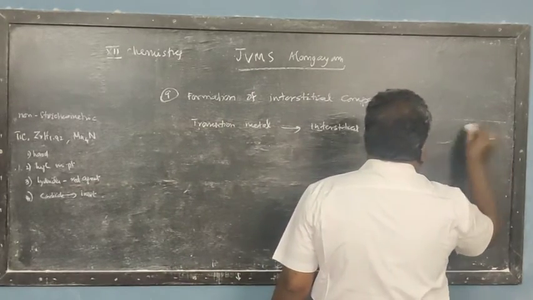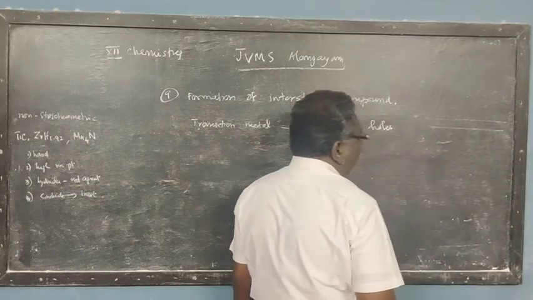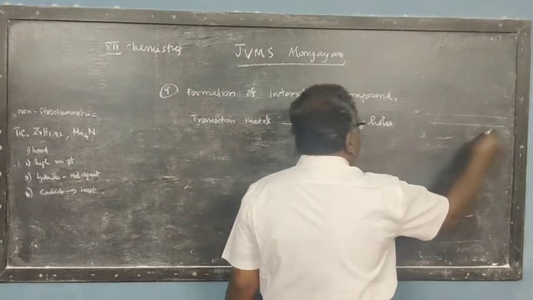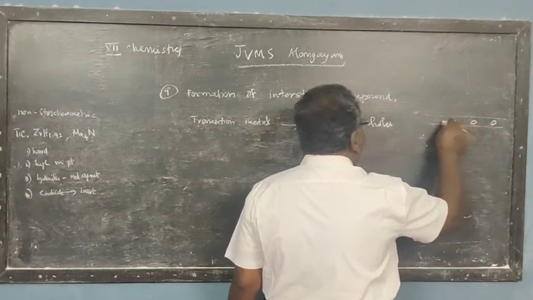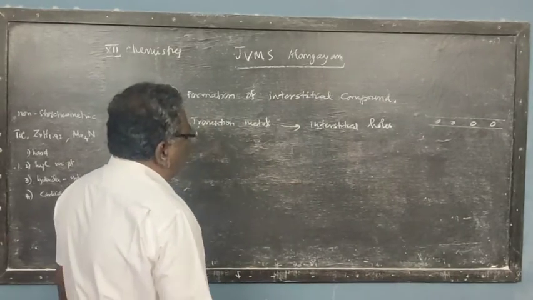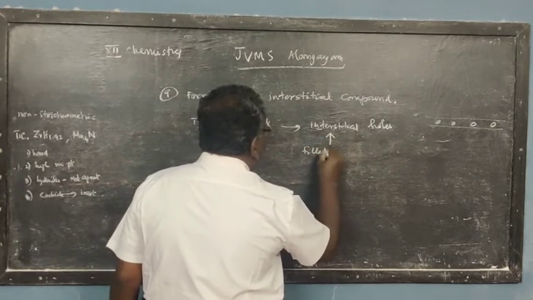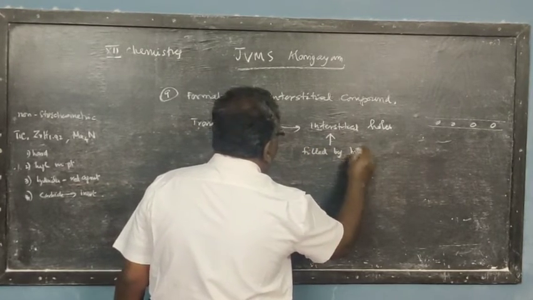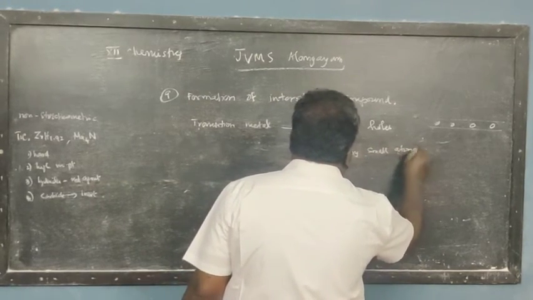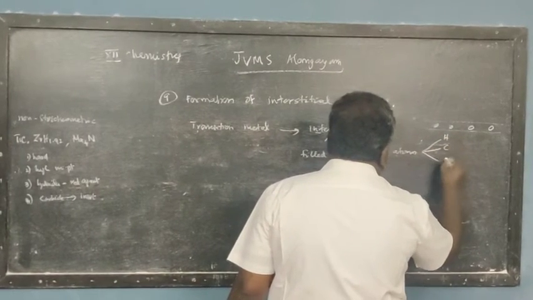In between one layer and the other layer, this is called interstitial layer. This is one lattice, this is another lattice. In between these two, there are some holes which are being developed in the transition metals, right? And these holes are filled easily by small atoms like hydrogen, carbon, nitrogen.